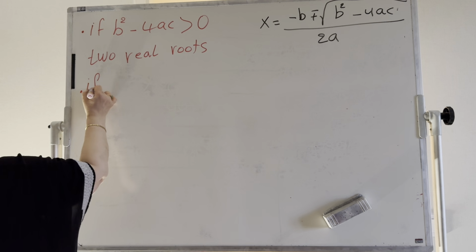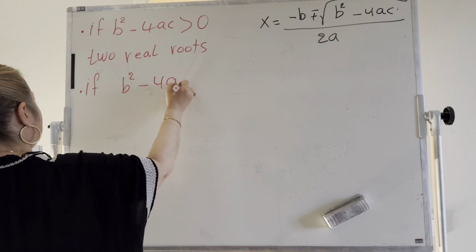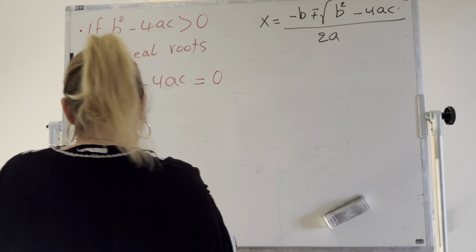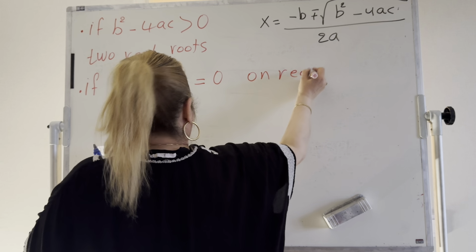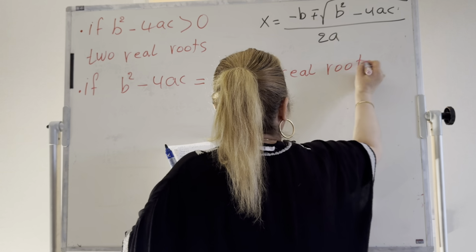If b squared minus 4ac equals 0, one real root, one solution.